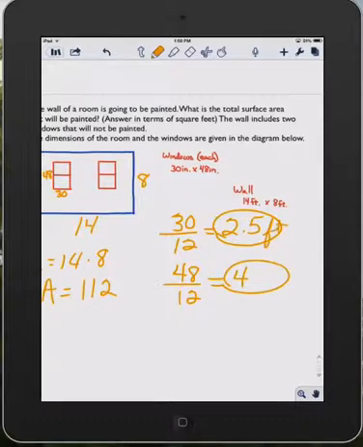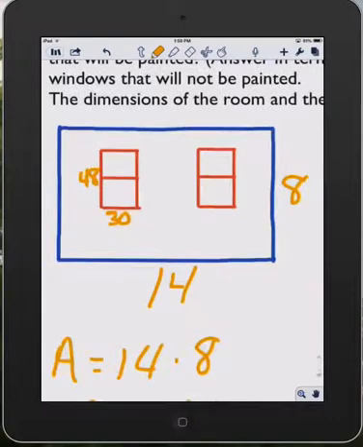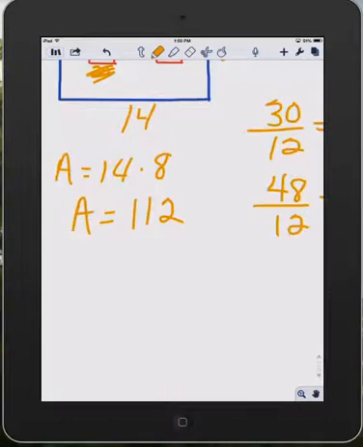Now when I take feet times feet, I'll get square feet for the area of the rectangle. So instead of using the 48 and the 30, we'll use the 4 and the 2.5 respectively. So the area of one window is equal to 4 times 2.5, which equals 10.